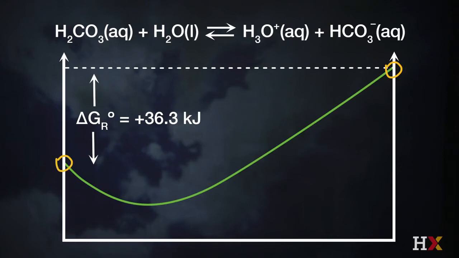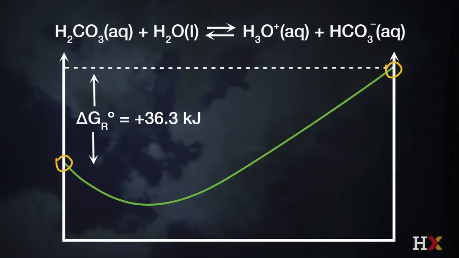And on the face of it, you'd say, well, that means that the reaction is non-spontaneous, going from reactants to products. But then we remember the really important point that the change in Gibbs free energy is less than zero as we come down the curve from products to reactants.